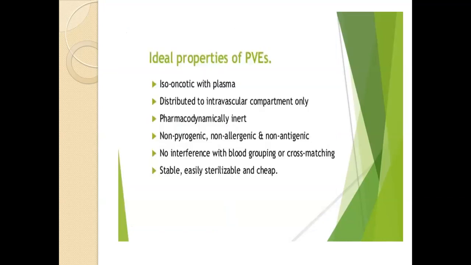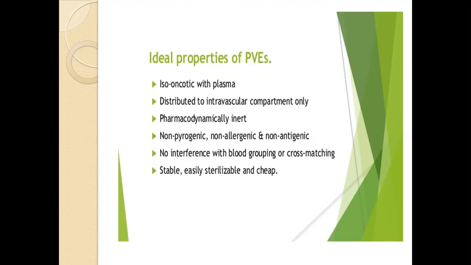Now the ideal properties of plasma volume expanders. It should be iso-oncotic with plasma and distributed to the intravascular compartment only. Pharmacologically, it should be inert, non-pyrogenic, non-allergic and non-antigenic, with no interference with blood grouping or cross-matching.